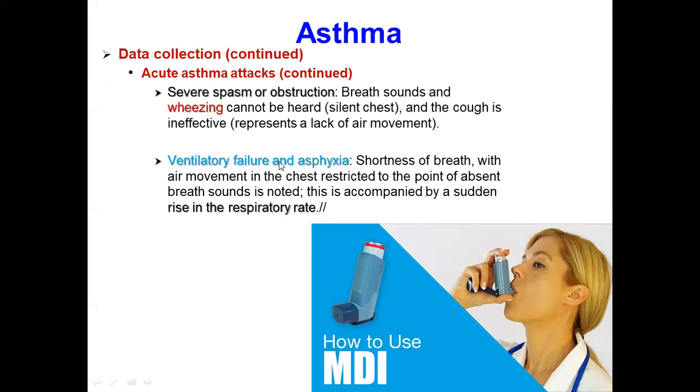Ventilatory failure and asphyxia: shortness of breath with air movement in the chest restricted to the point of absence of breath sounds, we note it. So if your patient has an acute condition, we give some medication that immediately relieves the condition.